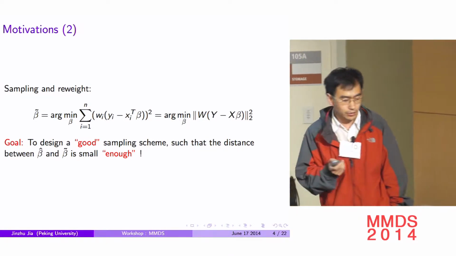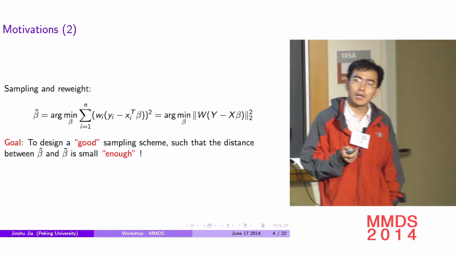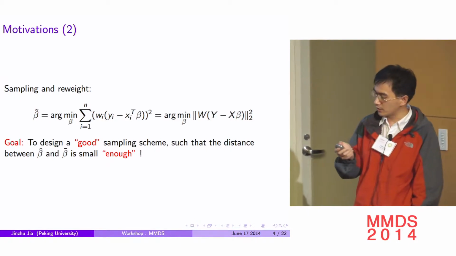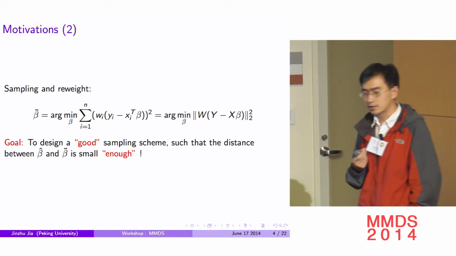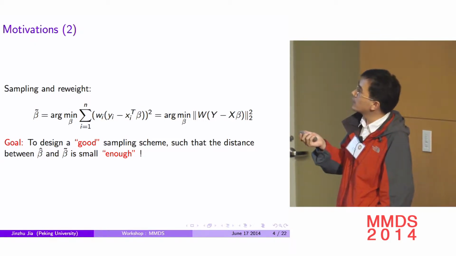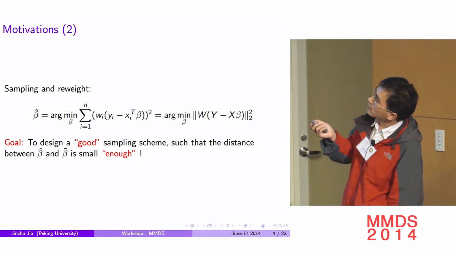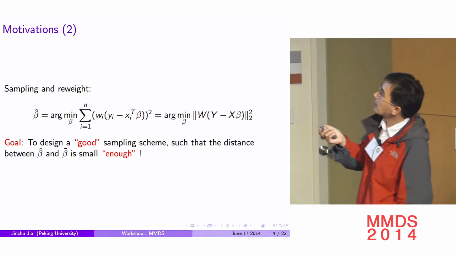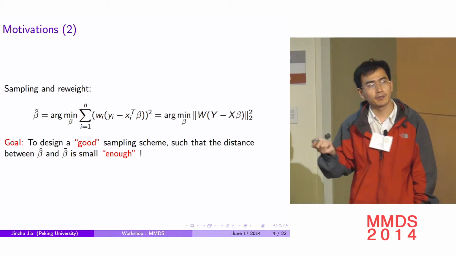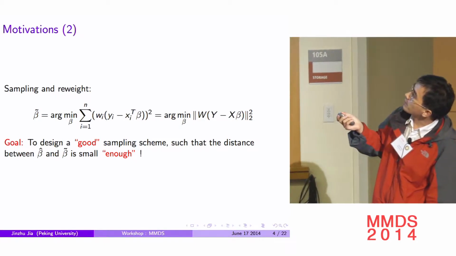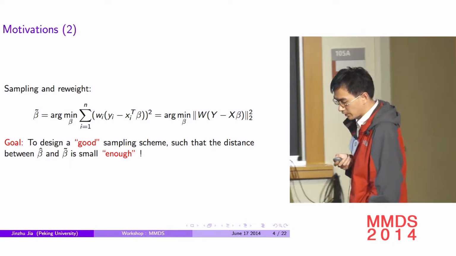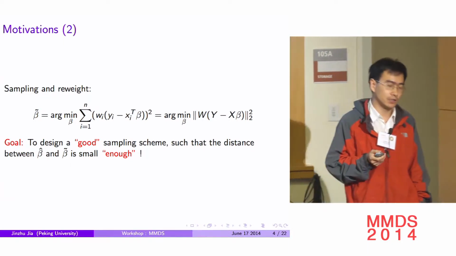Here, wi is equal to 0 if a data point is not sampled. If a data point is sampled, then wi is not 0, and we give that point some weight. The goal of this sampling problem is to construct a good w such that this new problem, which we call the sub-problem, because the number of data points used for solving this least squares problem is much smaller than the original problem.